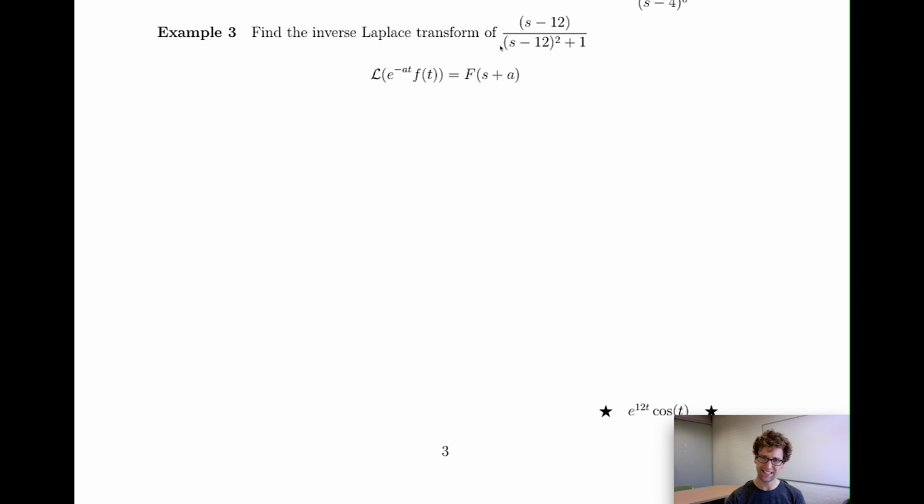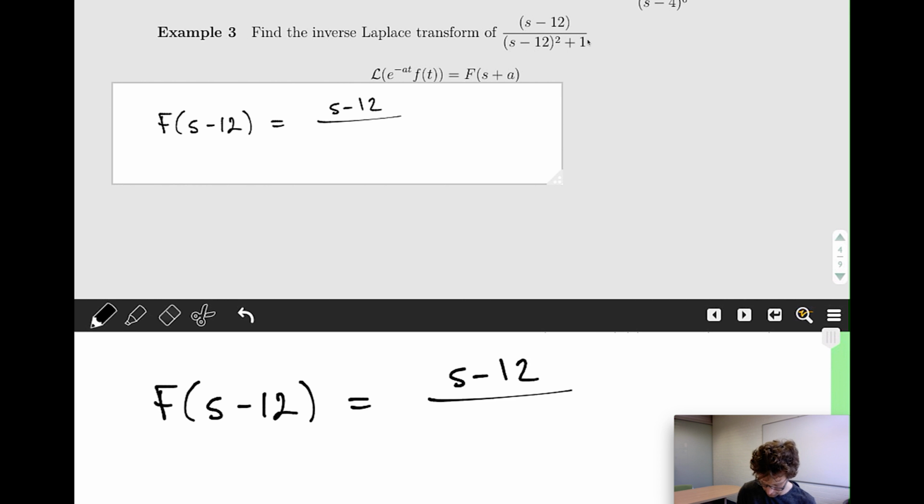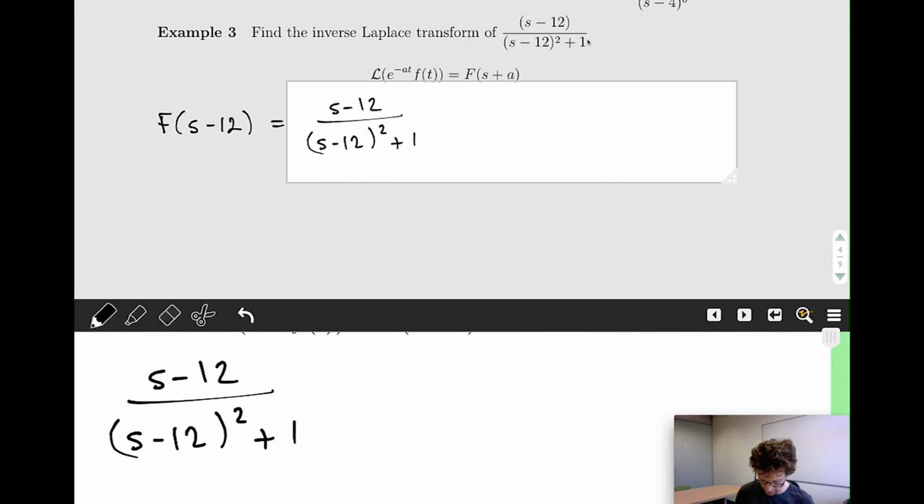In other words, this is clearly a shifted function of s, and I can see that the shift is going to be a is equal to -12. So let's write down what the shifted function is. And then it's easy to write down what the unshifted function is, that is, the function without a shift.